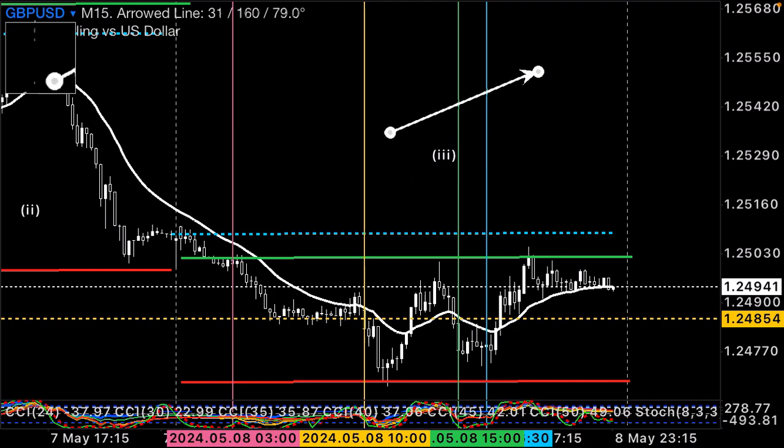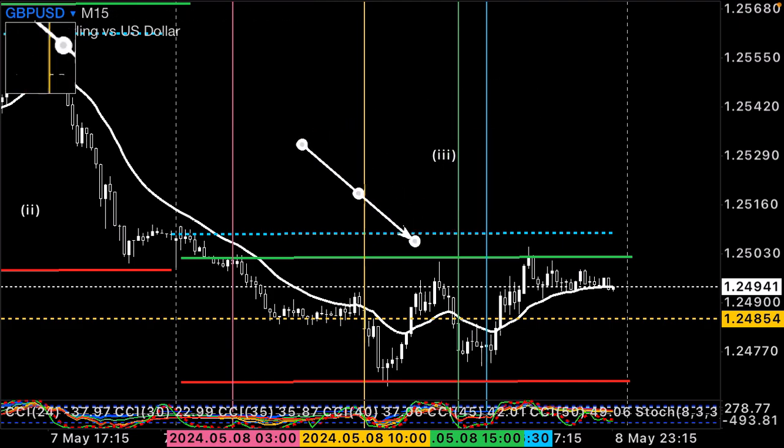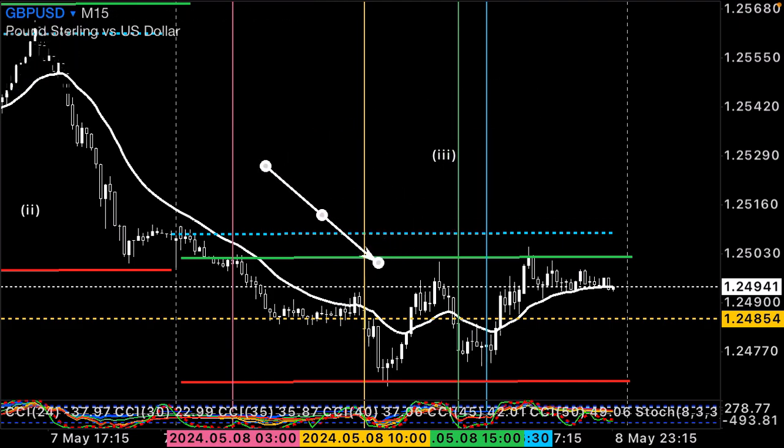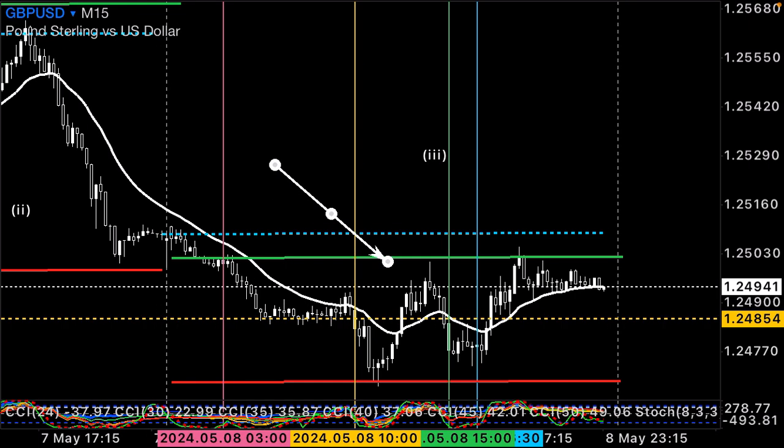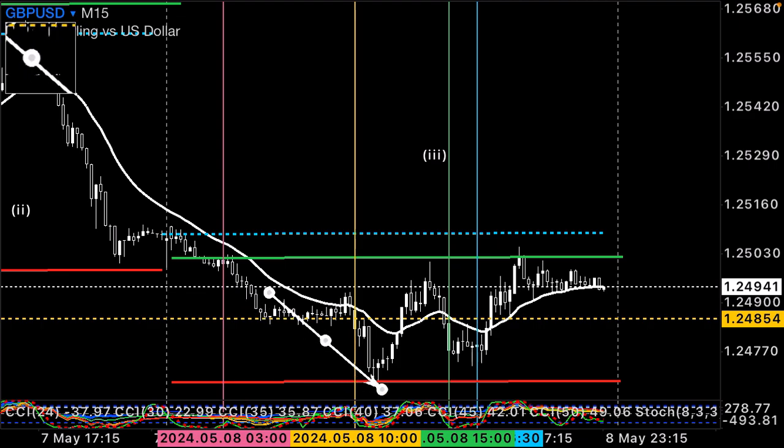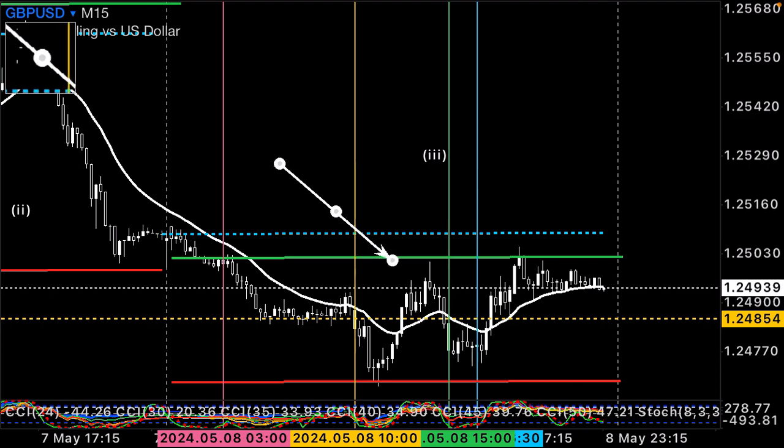So now the market is consolidating in between the new low down here, the red line, and up in here, the new high. Put in a high right here and came down to the red and it came back up to the green.